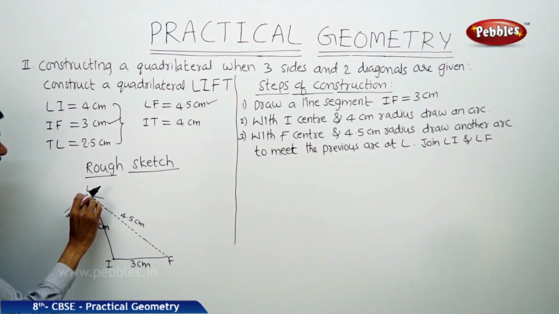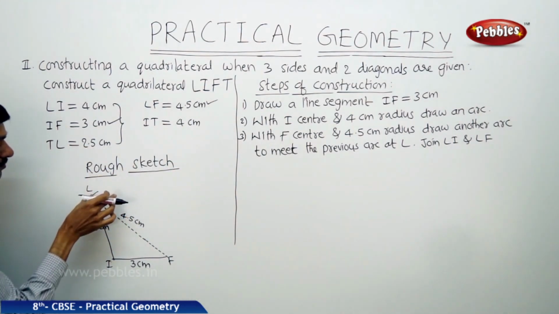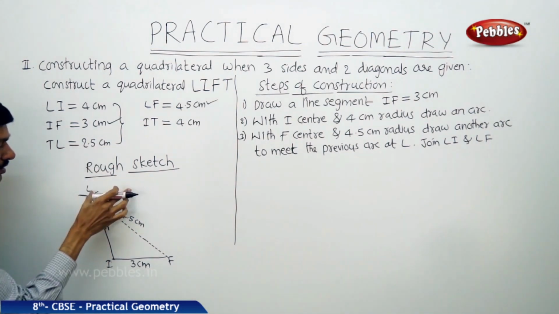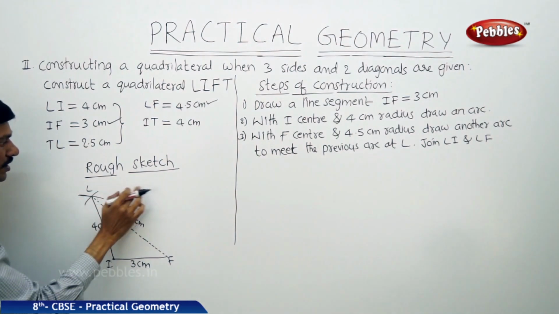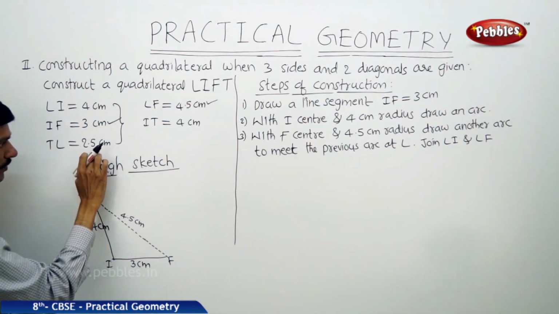So from L, with L as center and 2.5 centimeters radius, draw an arc, because L to T is 2.5 centimeters.